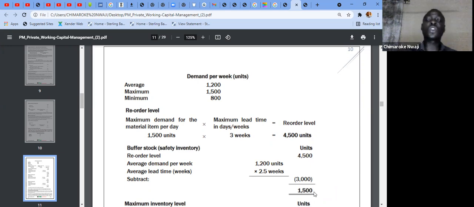As at when your stock level drops to 1,500, that is when the new stock would have been arriving. So you are saying, oh, my 1,500 is my safety stock, because if things go abnormal, more than the average, you still fall back on this 1,500 that you kept as buffer stock.